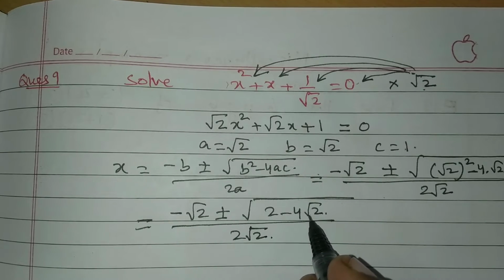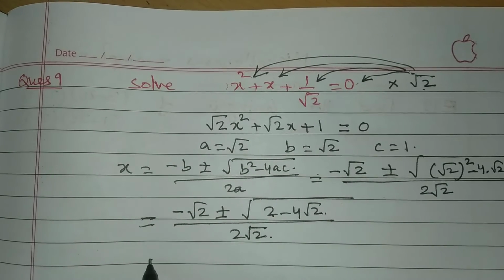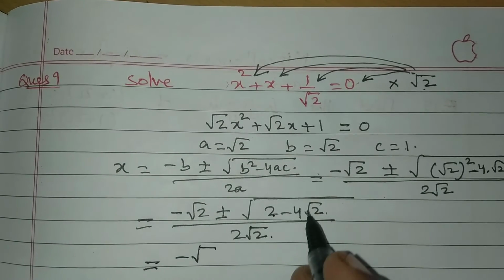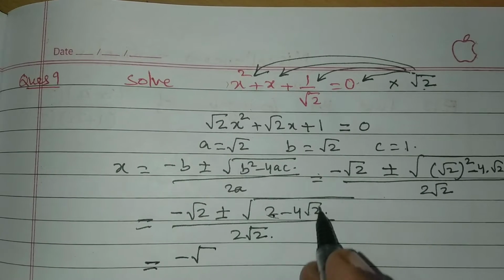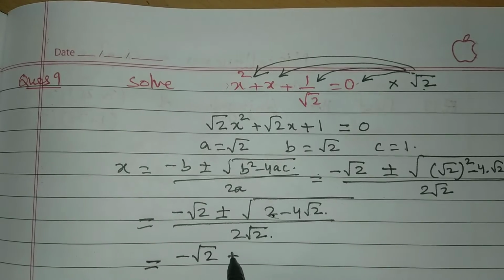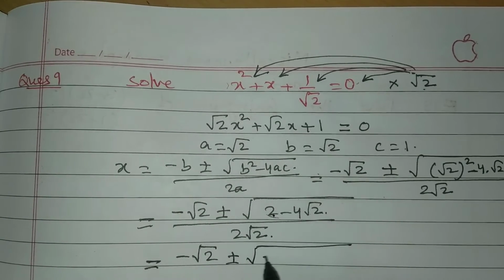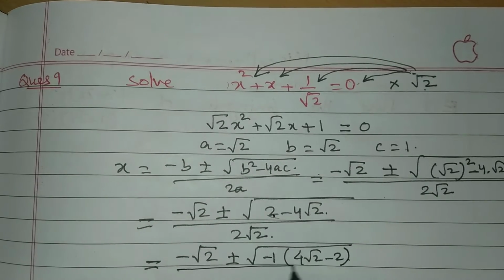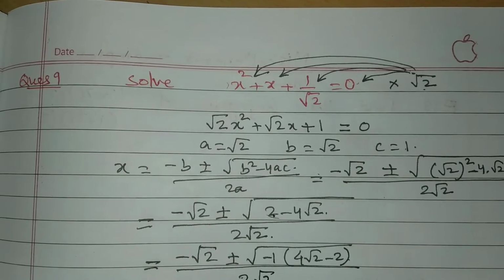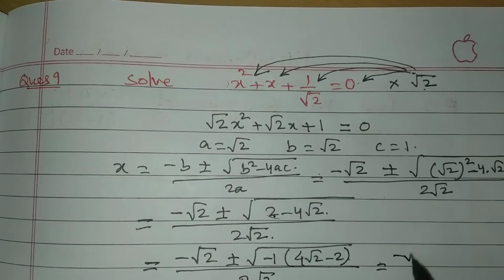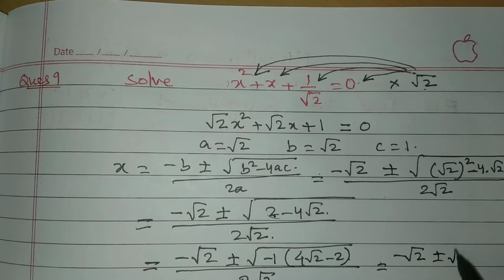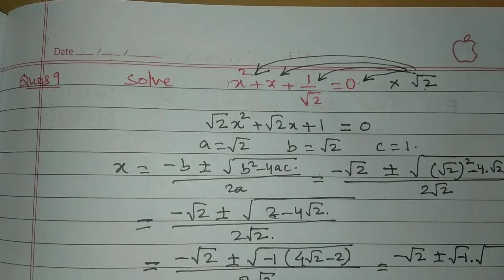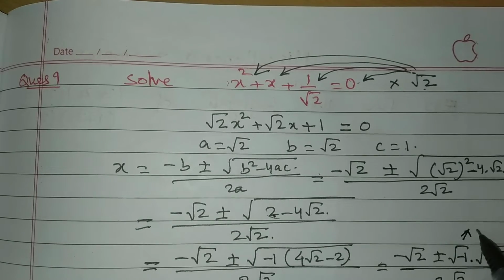Now this is the larger one and this is the smaller one. So here this is negative, because this is the larger one. So we will take minus 1 common over here. So 4 root 2 minus 2 divided by 2 root 2. So this can be written as minus root 2 plus minus root under minus 1 into root under 4 root 2 minus 2, divided by 2 root 2, and this is iota.